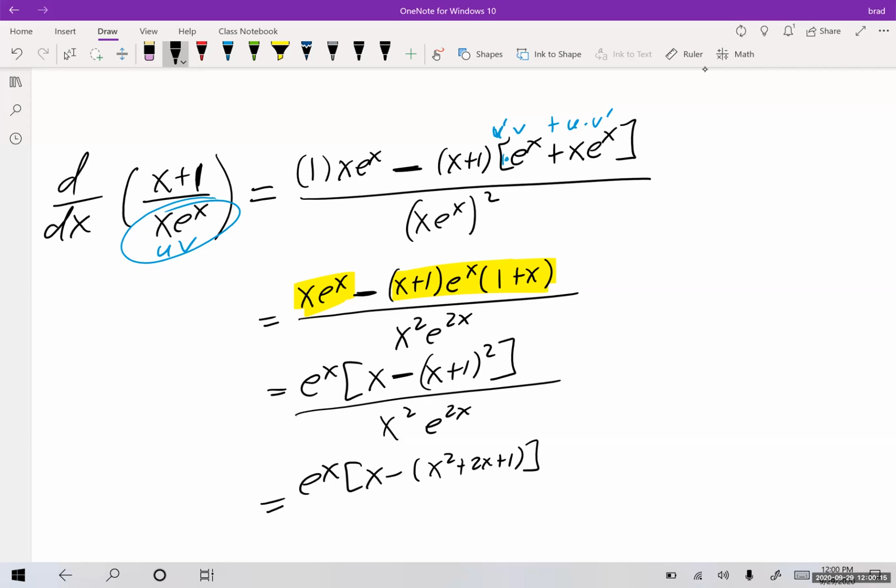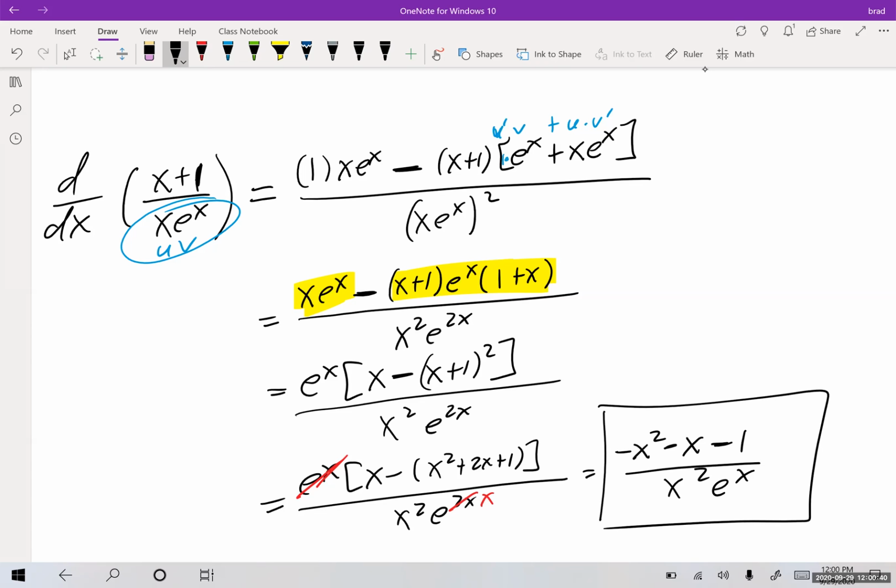All I did was FOIL it out over x squared e to the 2x. I can technically cancel this e to the x and this e to the 2x, and that would just become e to the x. And now let's see what we're left with. This would be negative x squared minus x minus 1 all over x squared e to the x. That's about as clean as it could get.